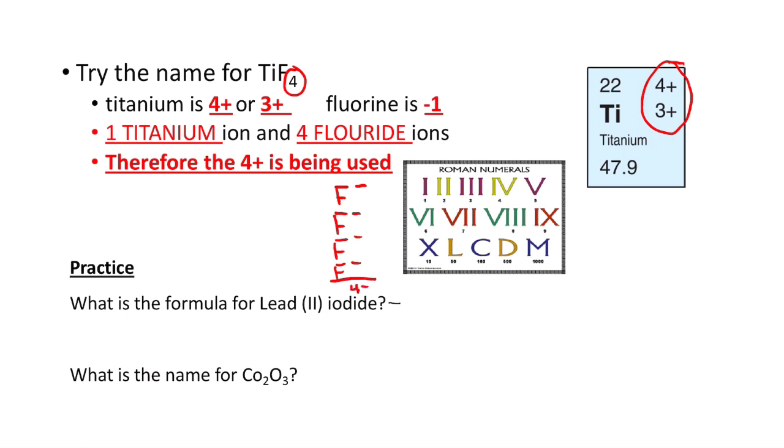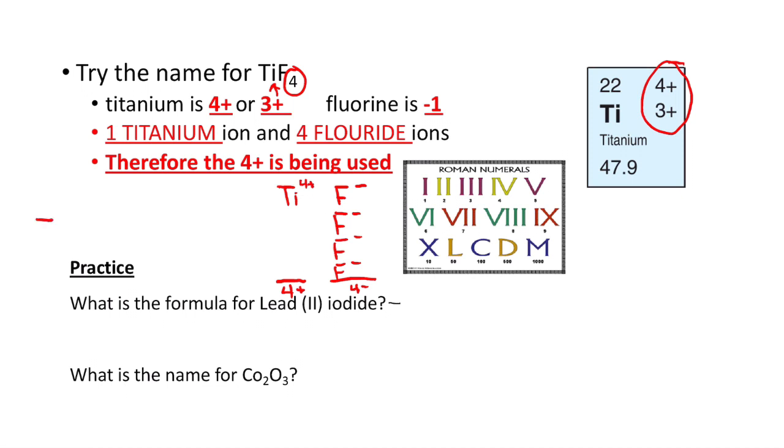So total, this would be a 4- charge. In order to get that 4+ charge, and we're told we only have 1 titanium, this titanium must have a 4+ charge, because if it was the 3+ charge, it wouldn't balance properly. So what this tells us is we have 1 titanium ion for every 4 fluoride ions. So therefore, 4+ is being used here.